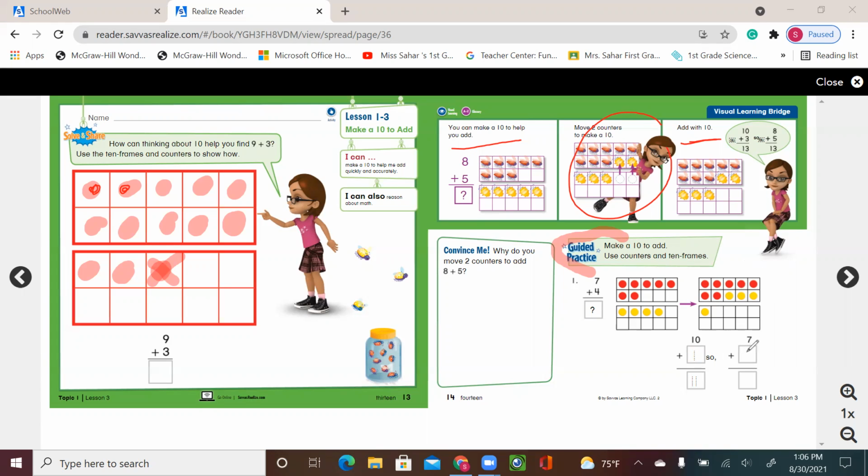So if I write here 4, I know my answer would be 11. So that was easy for me to add and count. All right. Let's go to the next page.